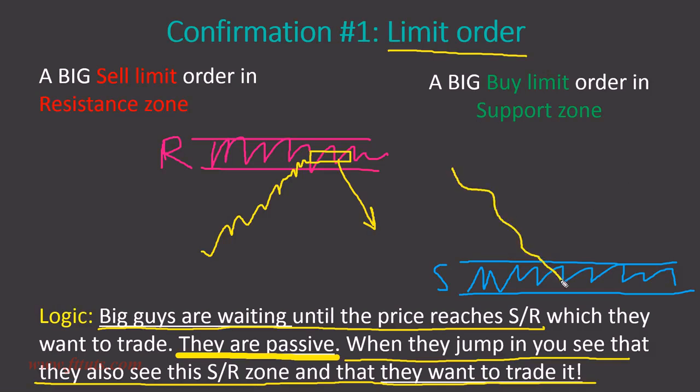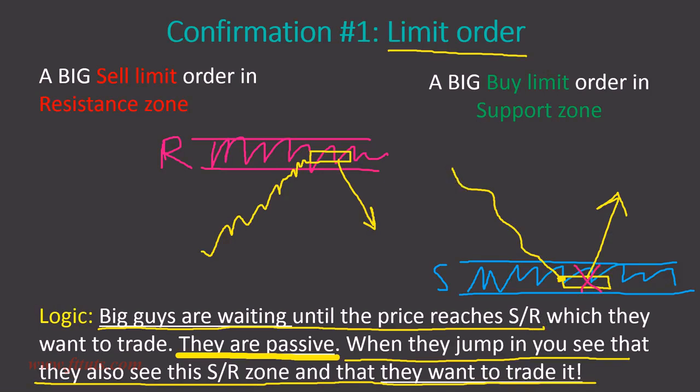It hits the support zone, and now you are waiting for the confirmation. You are waiting for a limit order to appear in that zone, somewhere in this area. So as soon as it appears, you enter your trade. You enter your long. If it doesn't appear, well, then you don't trade it because you didn't get the confirmation.